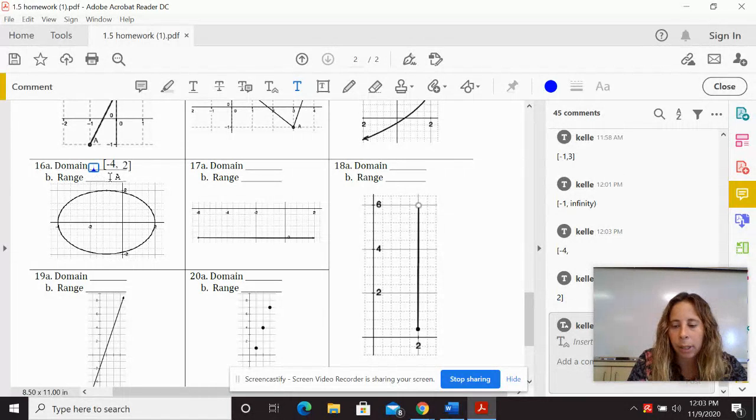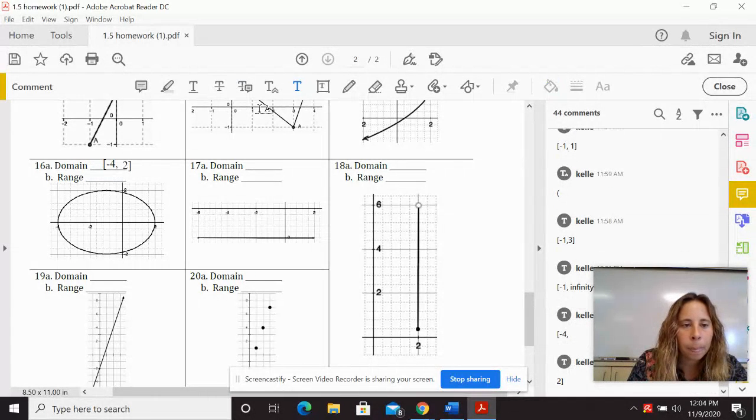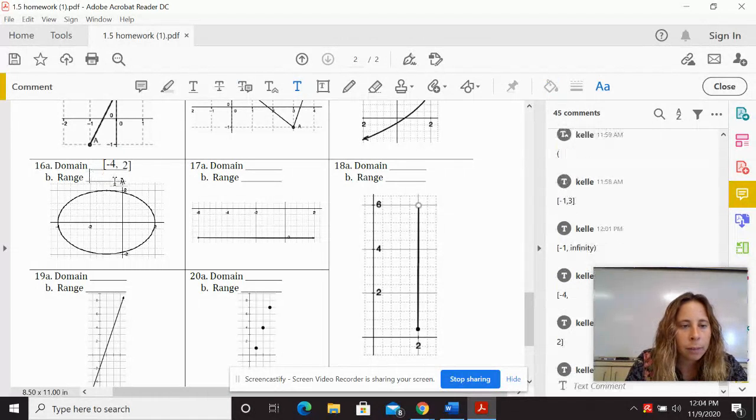So let's put a bracket. My lowest point is -2. My highest point, so now we're going from low to high, is right here, which is 2. Bracket. All right. That would be domain and range of number 16.